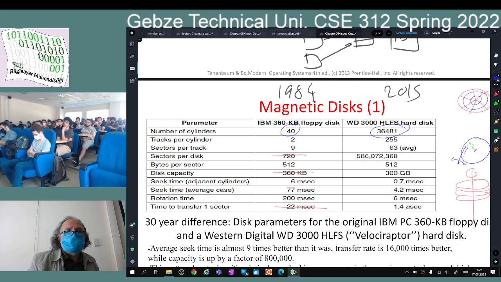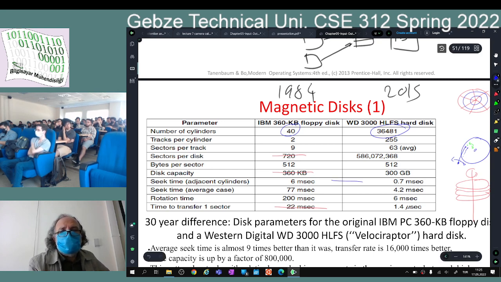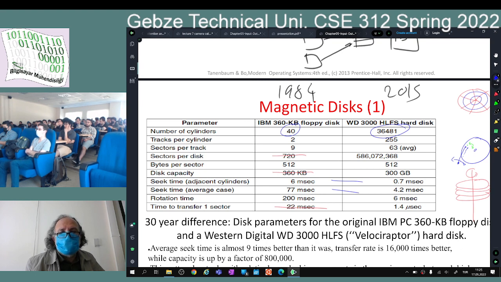Instead of putting like 40 cylinders in it, we are putting more than 35,000 cylinders in it. So the density of the data is a lot better. Of course, mechanically we are doing maybe 10 times, maybe 20 times better, but the most development comes from the density of the surface structure.